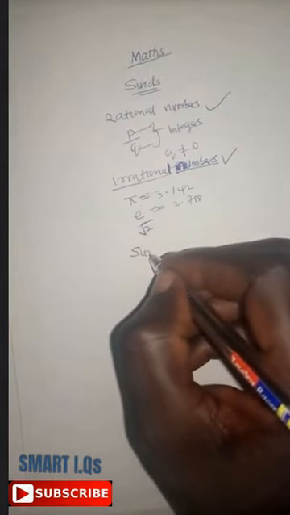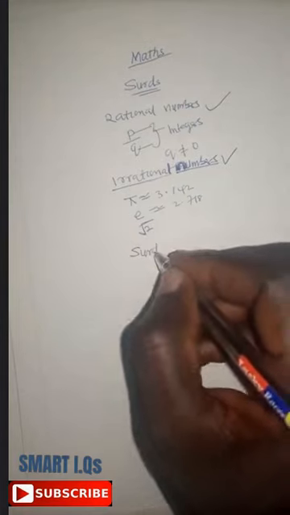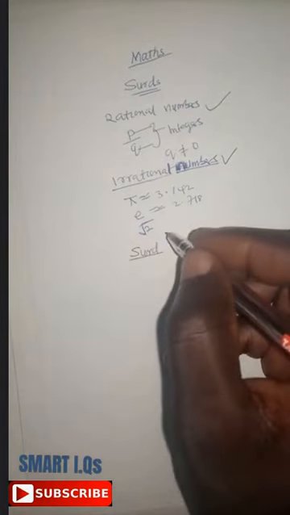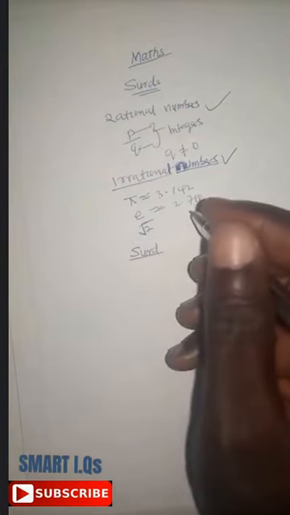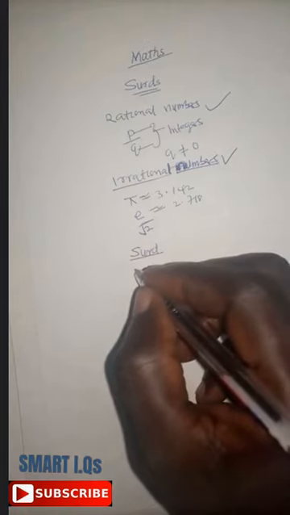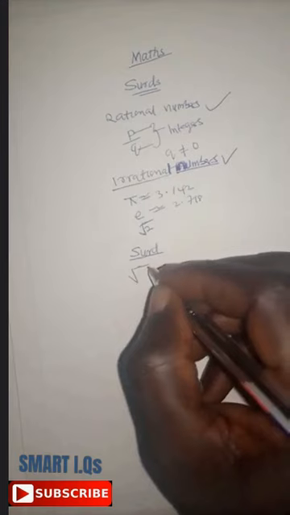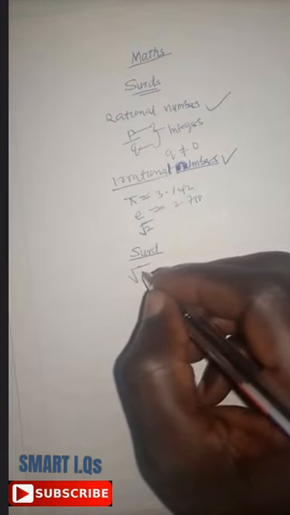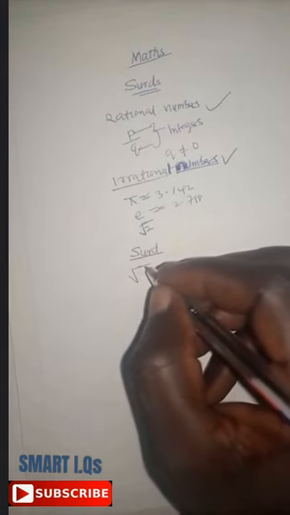So what is a surd? Surds are roots of numbers that cannot be simplified into rational numbers.